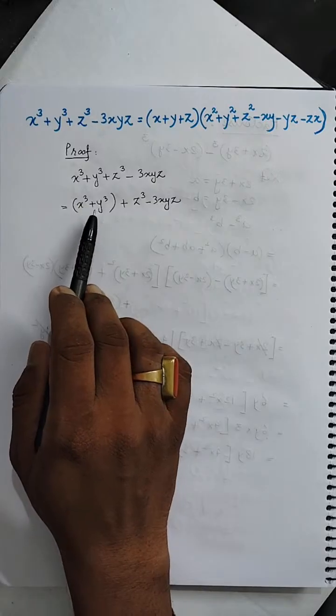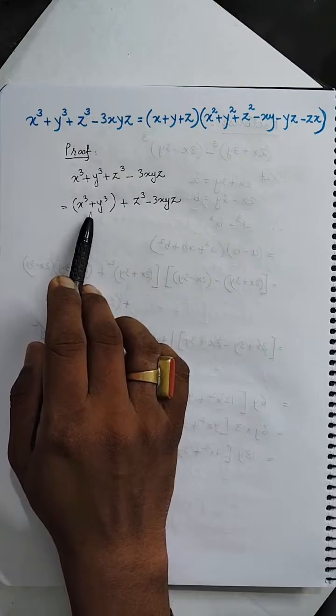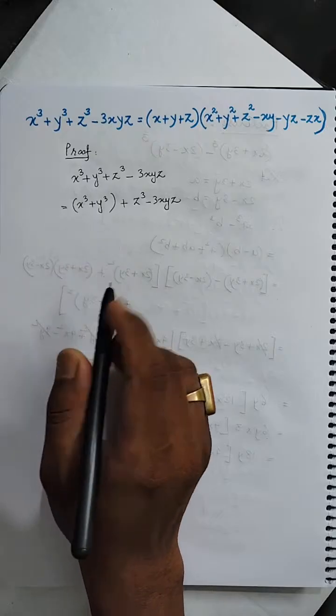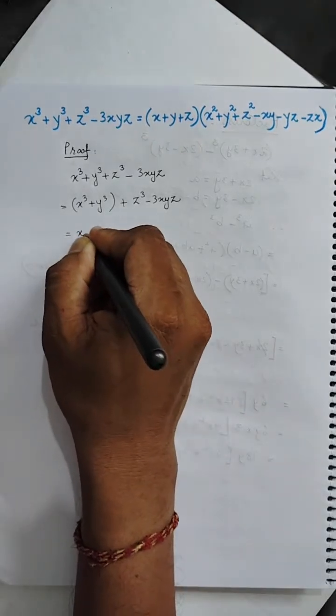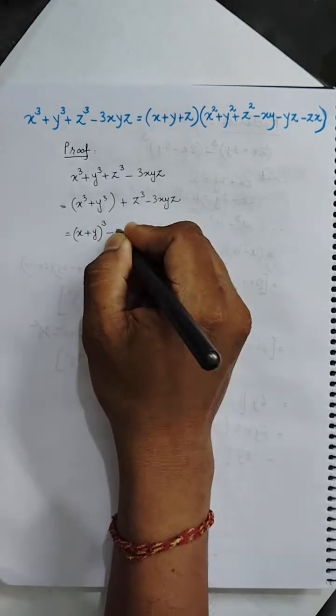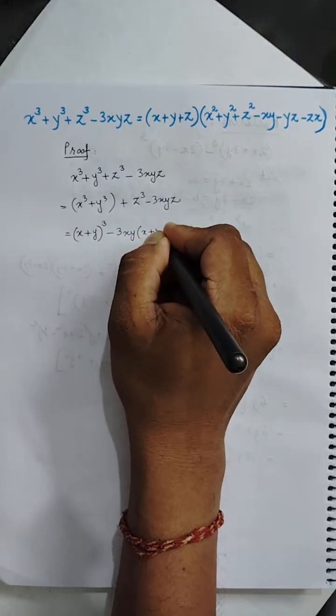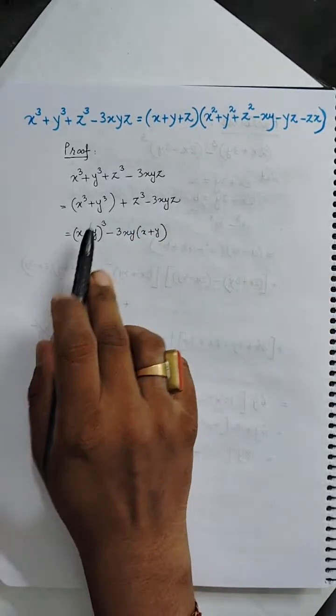Now if you have seen my yesterday's live stream, or if you have gone through my recorded video, you will find that x cube plus y cube can be written as x plus y whole cube minus 3xy into x plus y. Why can this be written?